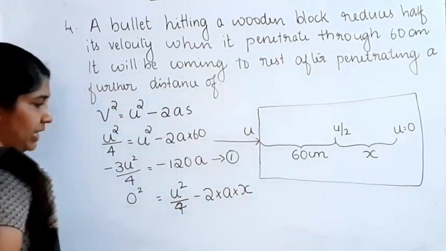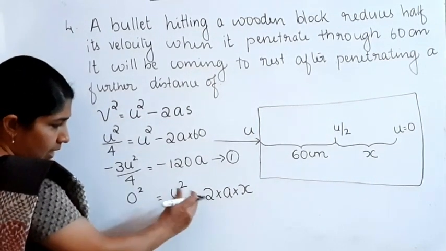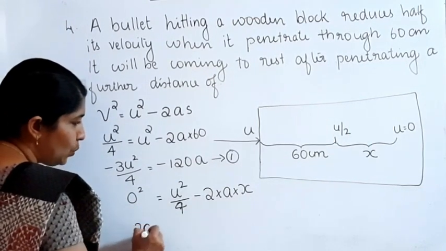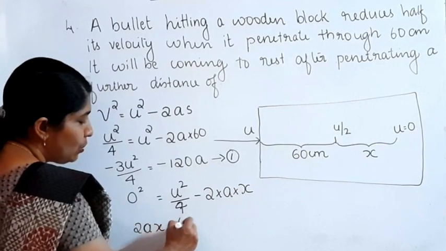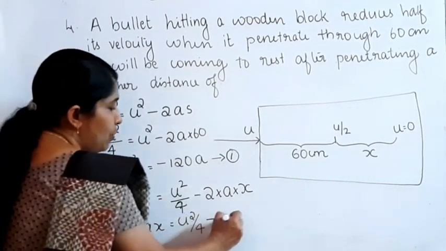We want to find out that distance. On rearranging, we can write 2a into x is equal to u square divided by 4. That is equation number 2.